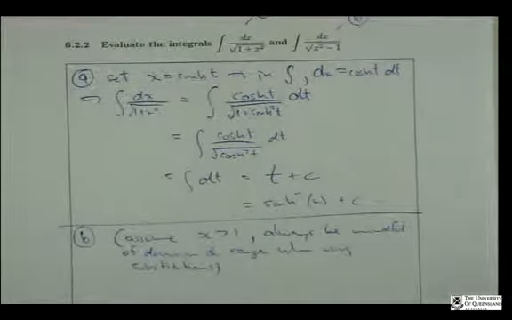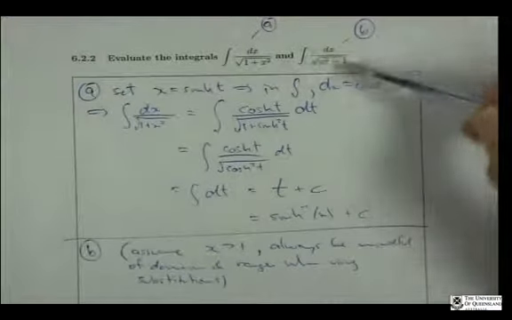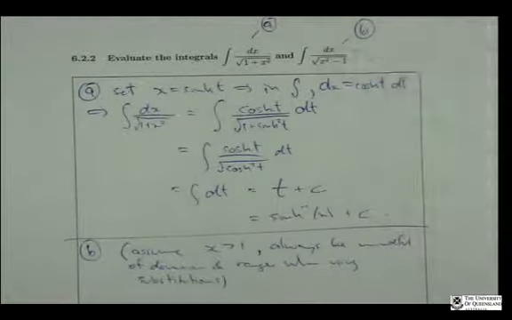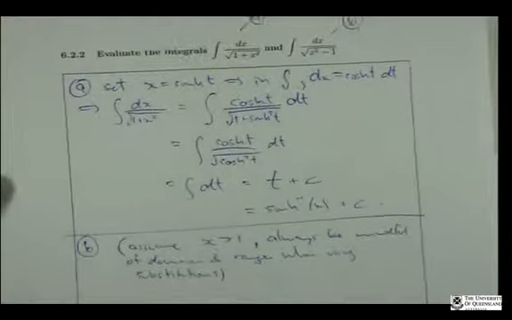So, for example, if this integral in part b were a definite integral, and say it's asking us to integrate from -10 to -8, then clearly this assumption I made, saying that x is greater than 1, is not suitable, right? But in that case, I could assume that x is strictly less than -1, and possibly work with a different substitution. Okay, anyway, it's just something I should make you aware of.